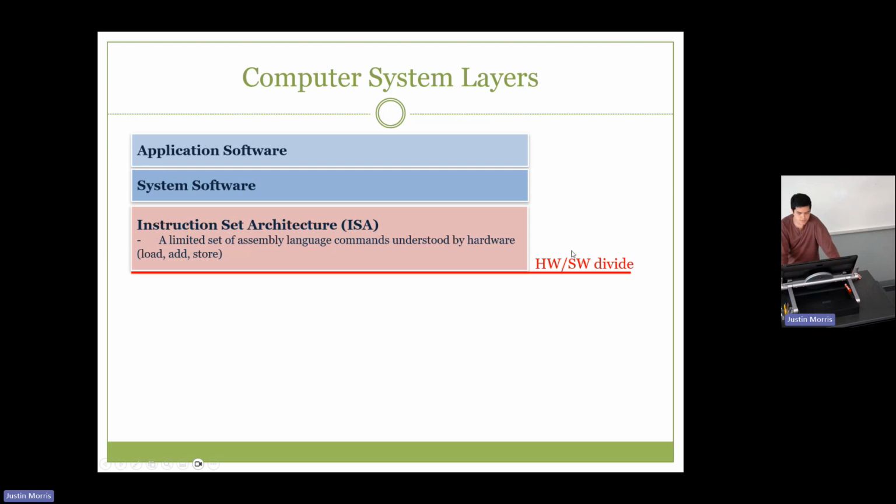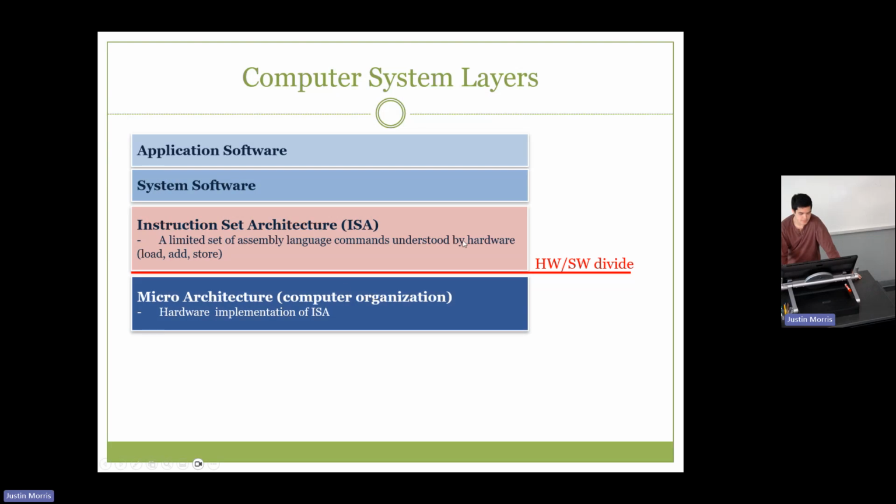This is the key divide in terms of abstraction layers between hardware and software: the instruction set architecture. This is your set of assembly language commands that is understood by the CPU. And then here's your microarchitecture that implements that ISA.